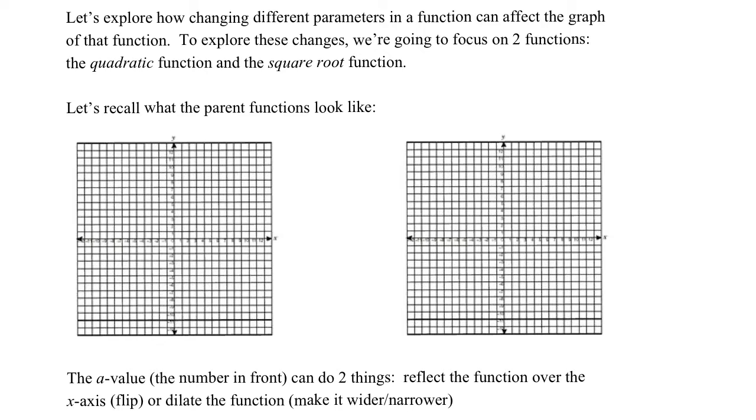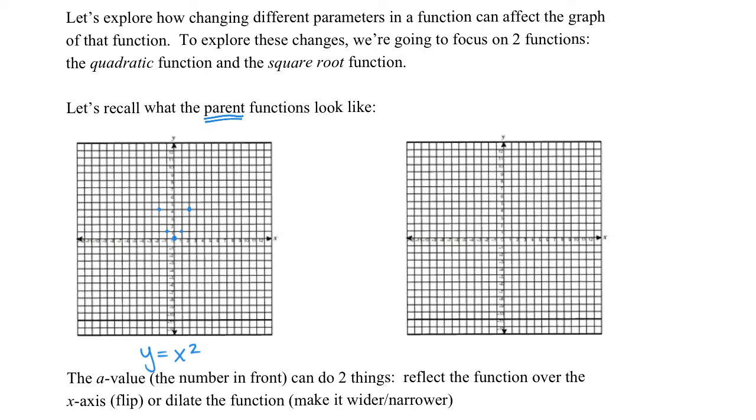So first of all, let's recall what the parent functions look like. Parent functions means the most basic. So the most basic quadratic is y equals x squared. The basic parabola for y equals x squared has its vertex at (0, 0). I'm not going to go into too much detail here; you'll understand where these points come from later.